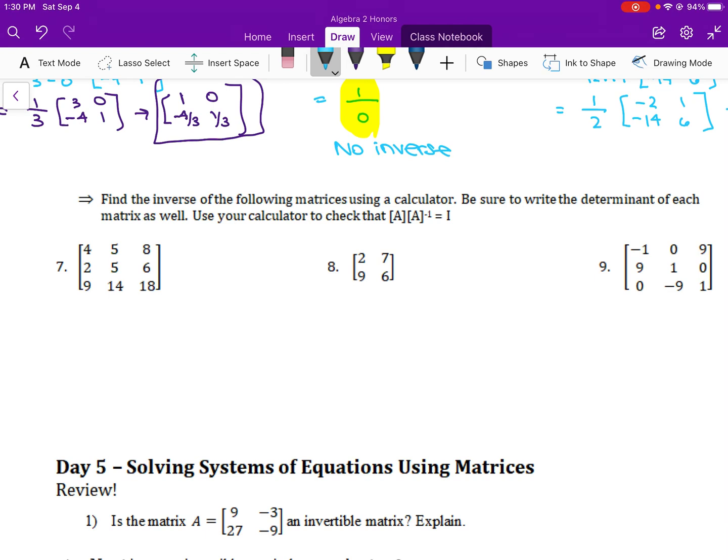Another alternative, if you are at home and you do not have a graphing calculator, there are alternative ways to look this up as well. For example, if I were to Google inverse matrix calculator, don't hesitate to get creative when you're at home trying to find ways to do this if you don't have a calculator like we have at school.